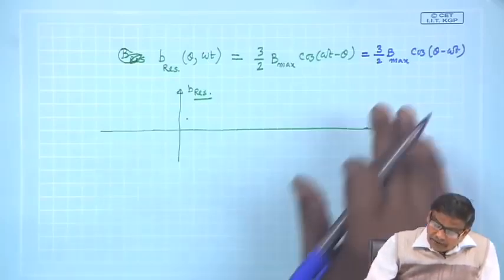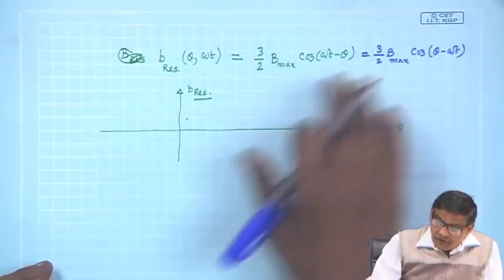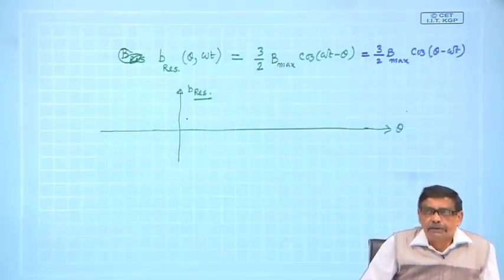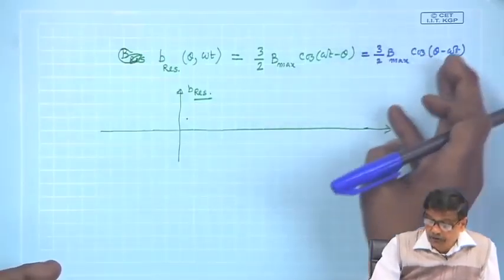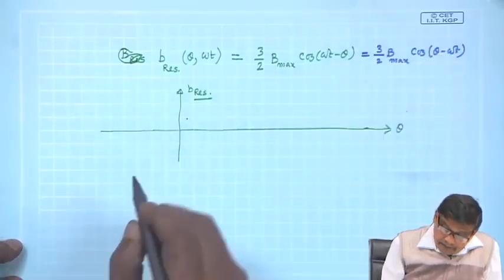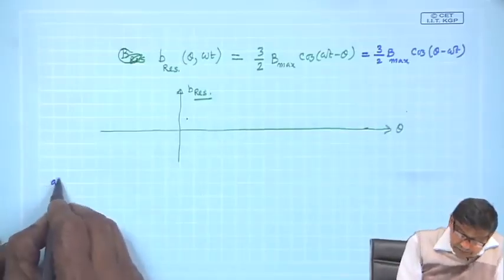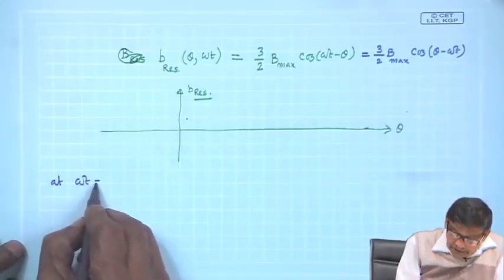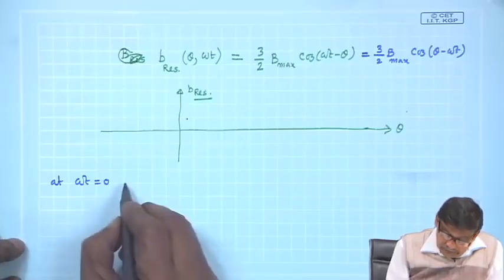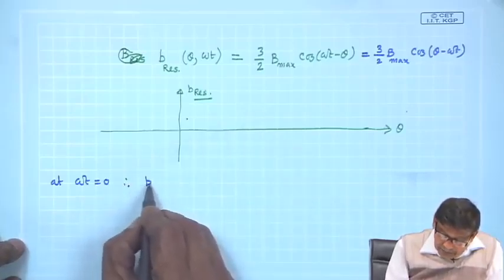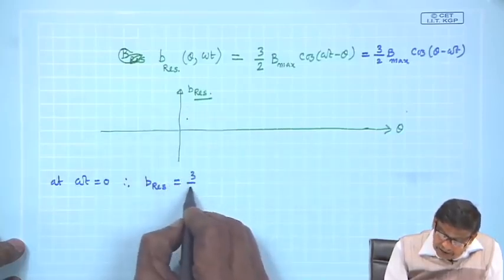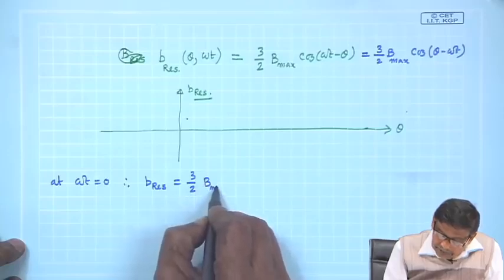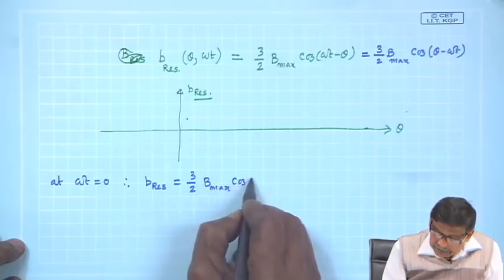Suppose I now sketch this waveform with omega t as a parameter. I will say at omega t equal to 0, how will this waveform look? At omega t equal to 0, the equation for B resultant, with omega t fixed, is nothing but 3 by 2 B max cosine theta.